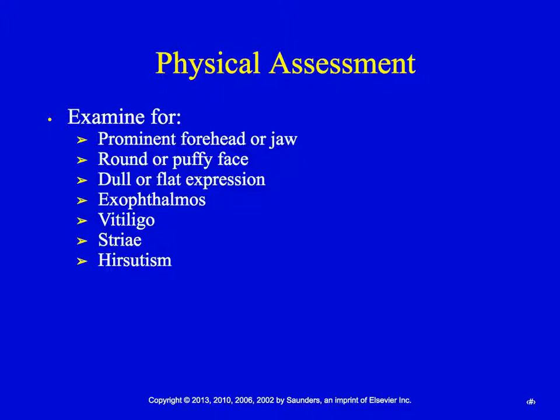Prominent forehead is pretty self-explanatory, so is the round or puffy face. Those are typically related to an adrenal problem. Dull or flat expression, I think you're pretty familiar with that. Exophthalmos has to do with the eyes that are protruding. Vitiligo, striae, and hirsutism, that is excessive hair growth. So make sure you become familiar, because these are common physical assessments that you might see in a patient with an endocrine disorder.